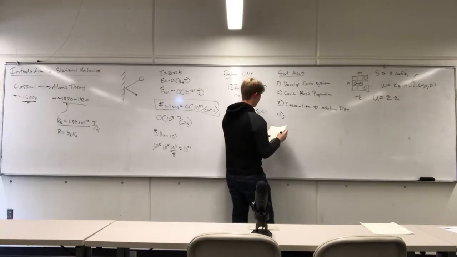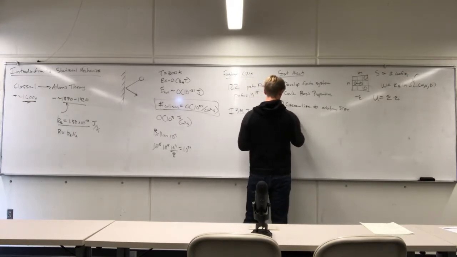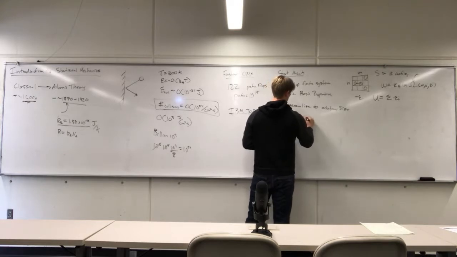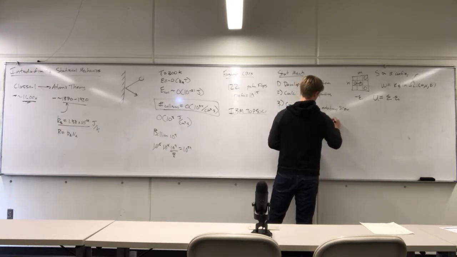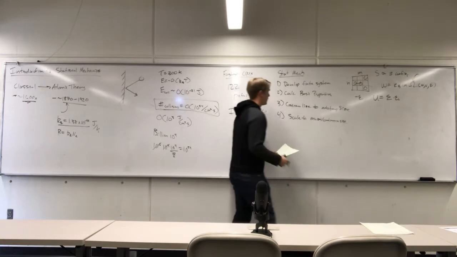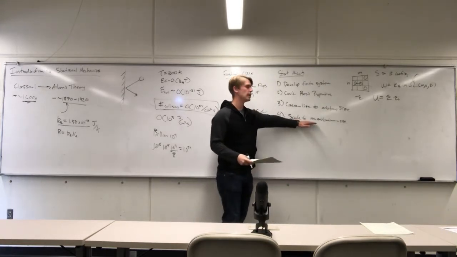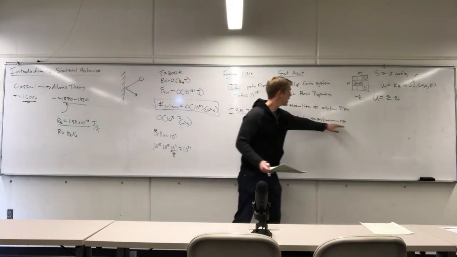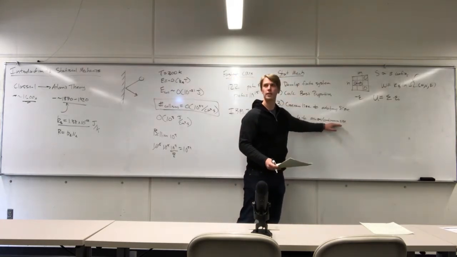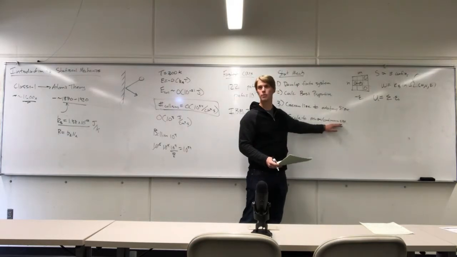And the last step, if possible, is to scale it to the macroscopic system size. So make n an Avogadro's number. Sometimes that involves using a continuum approximation, sometimes not.